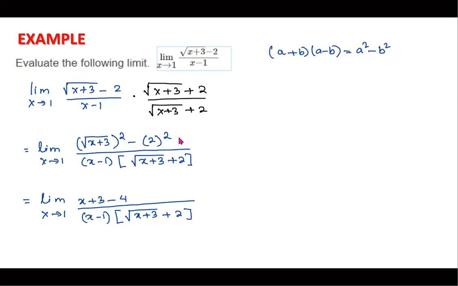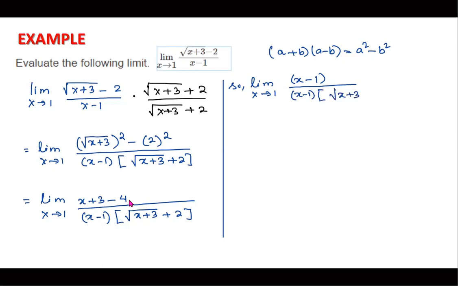So this is the limit as x approaches 1. And if you look at the numerator carefully, we have x, and then we have 3 minus 4. 3 minus 4 is negative 1. So we get x minus 1 in the numerator. In the denominator, we have x minus 1 multiplied with the quantity square root of x plus 3 plus 2.